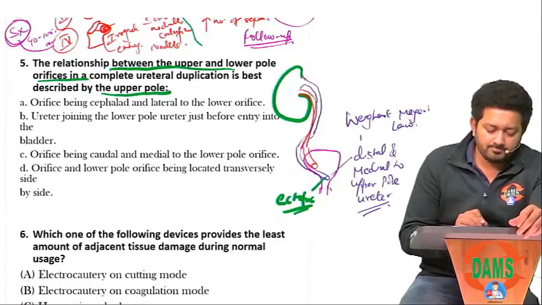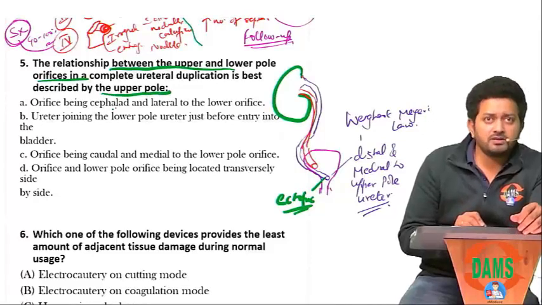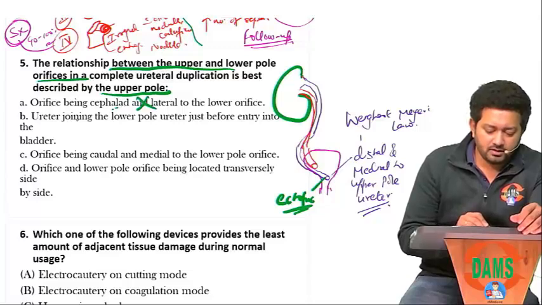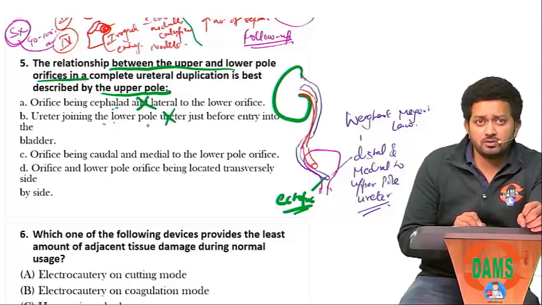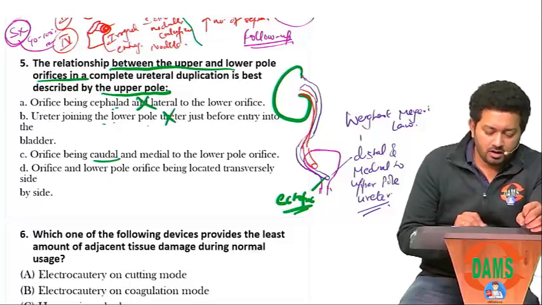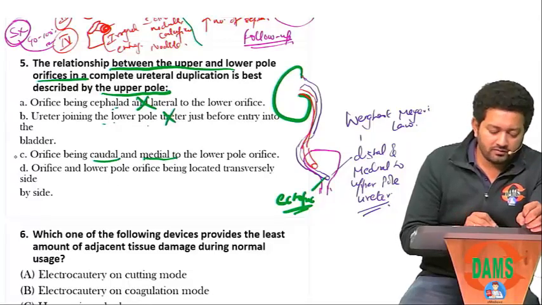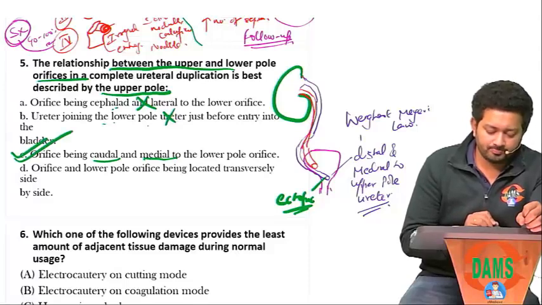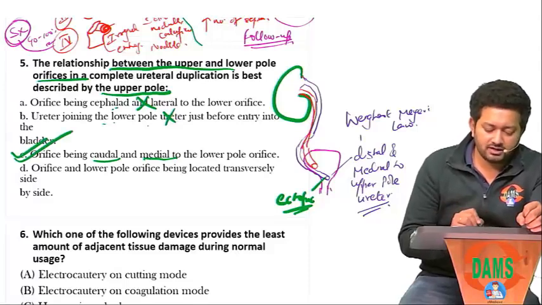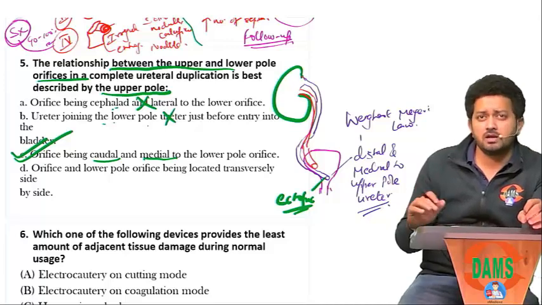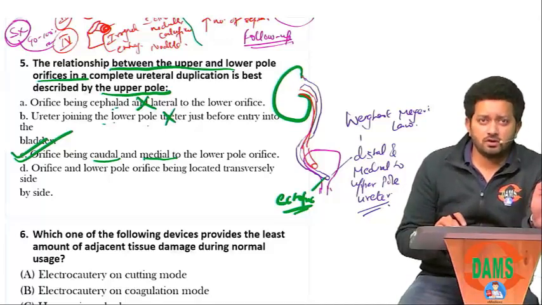Upper pole is cephalad, meaning superior, so this is wrong. It does not join the lower pole ureter, that is incomplete duplication. Caudal and medial to the lower pole orifice, this is the correct statement. It is caudal, meaning lower, and medial to the lower pole orifice.